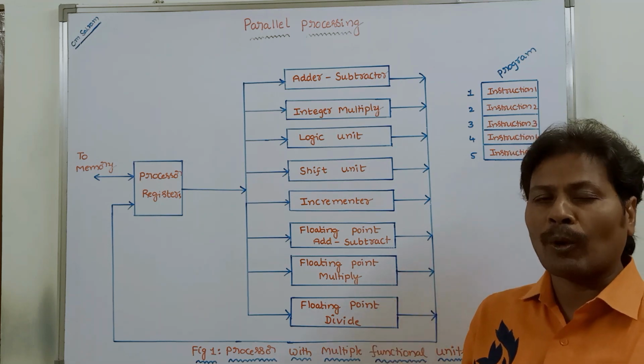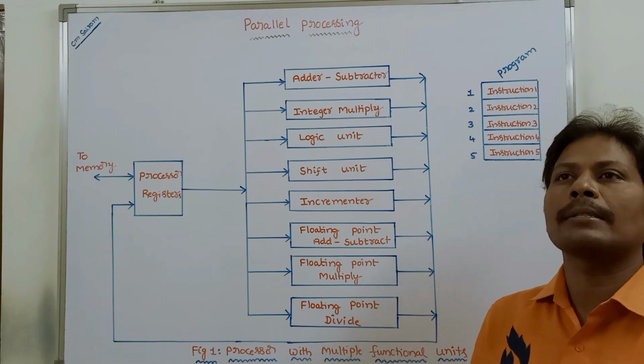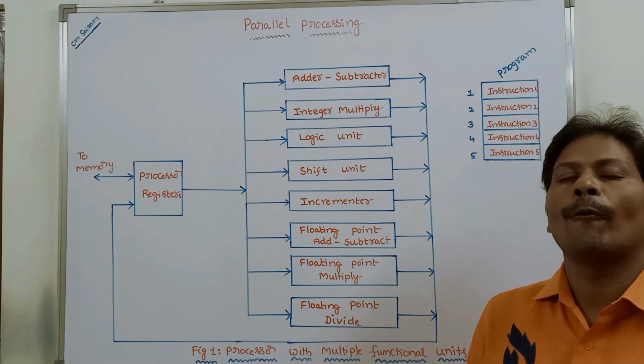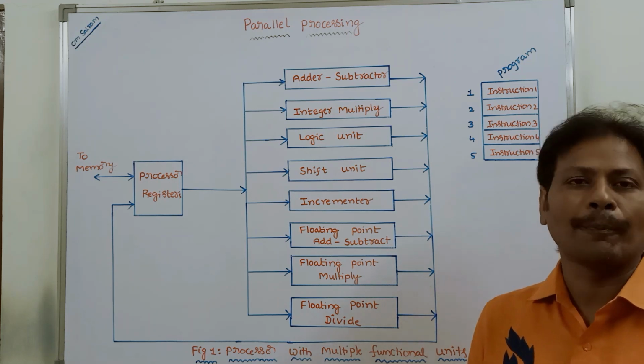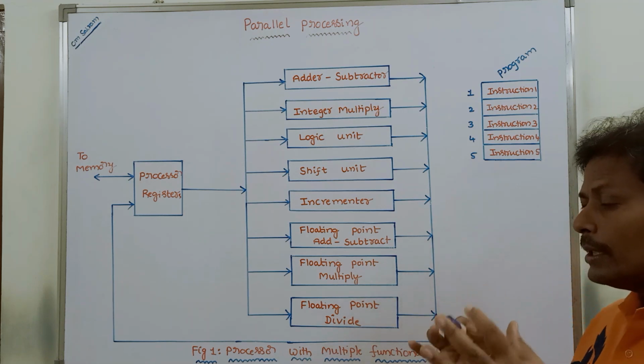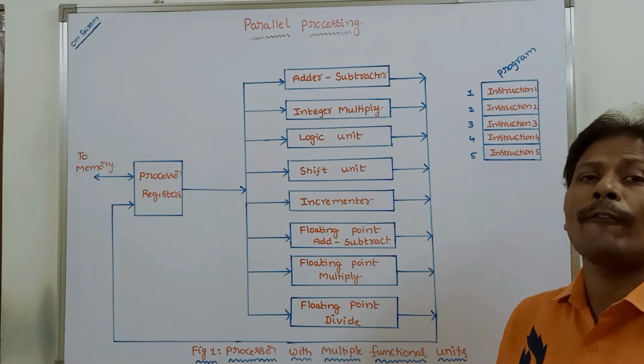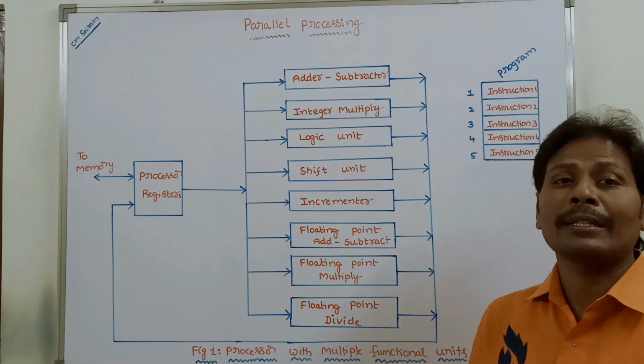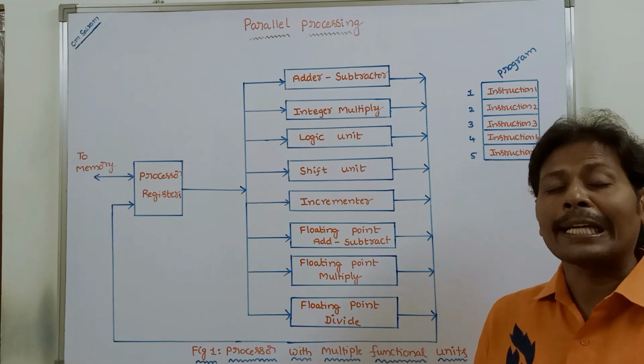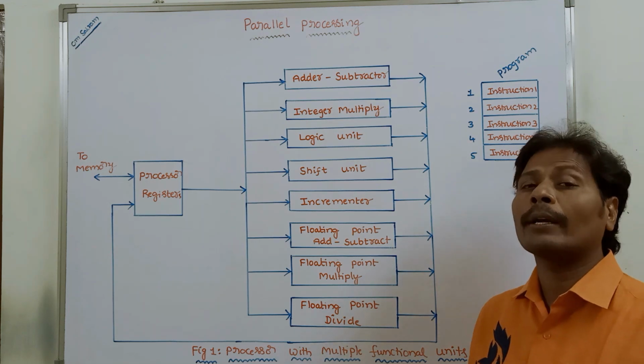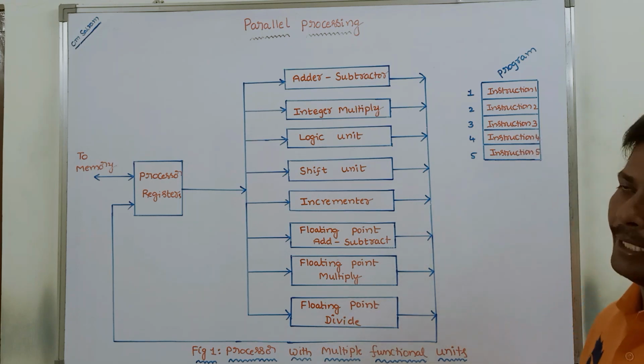That type of processing is called serial processing or sequential processing. How can the instructions of a program be executed in a sequential manner?